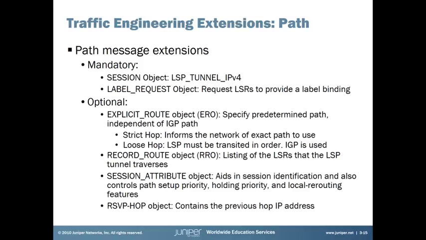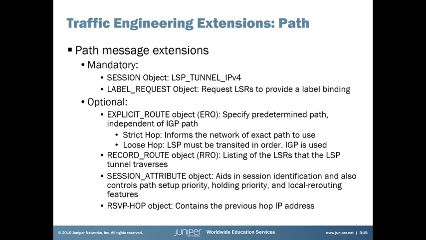We can also put in an explicit route object. That's a very interesting piece of information, because what it says to the protocol is that this path has to go between this router and that router and that router and that router. That's where you define where your path has to go.